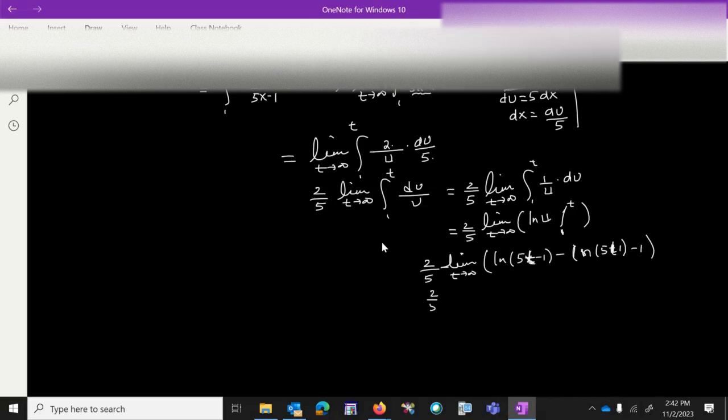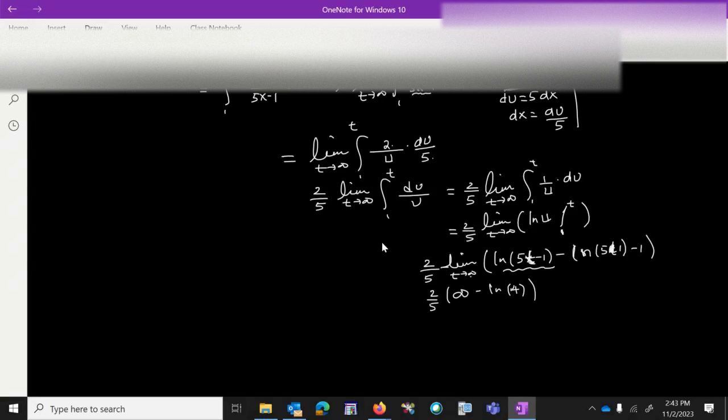So this is going to be 2 over 5. Look now, I can start plugging in. If I plug in t going to infinity, ln of 5 times infinity is just infinity. So this whole term is a huge number, which is infinity, minus, well, an insignificant number: ln of 5 times 1 minus 1 is ln of 4.